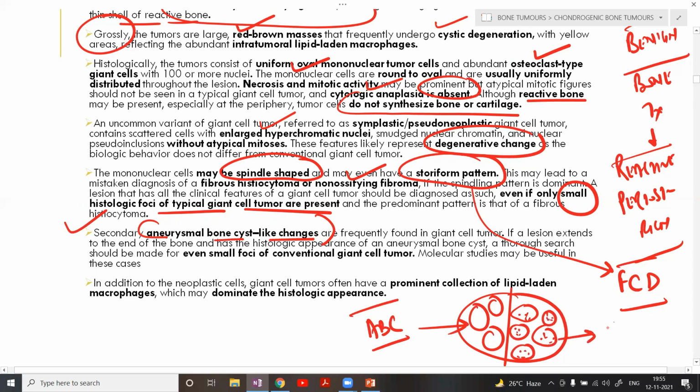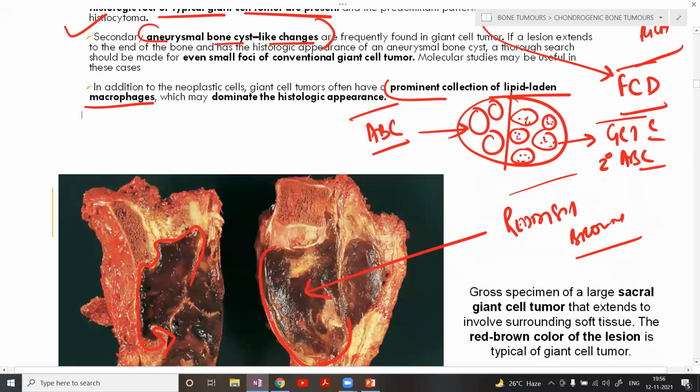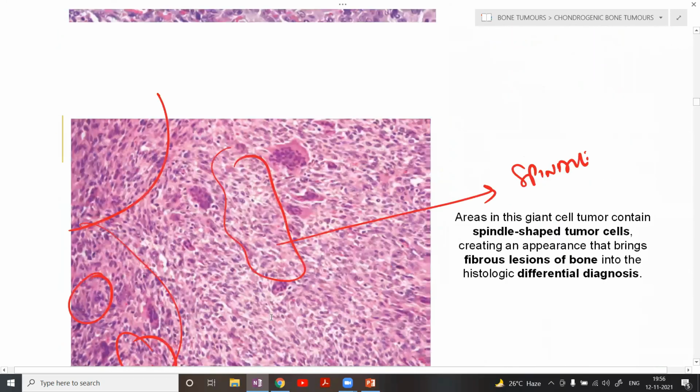Then you will go for a diagnosis of GCT with secondary ABC-like changes. This is very, very important, and very frequently seen. In addition, sometimes you might see a prominent collection of lipid-laden macrophages, which may dominate the histological picture.